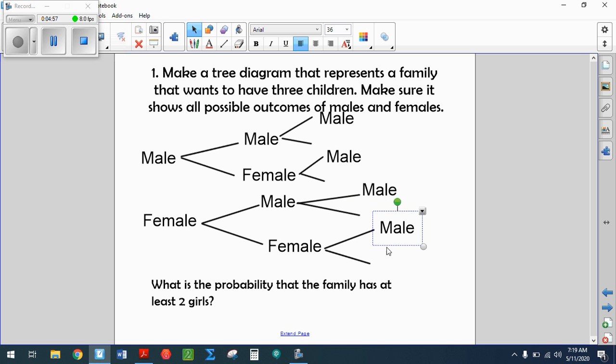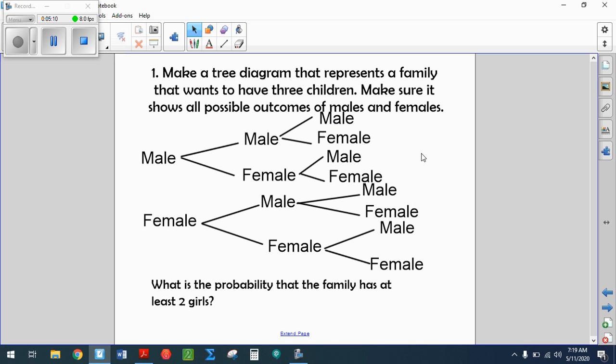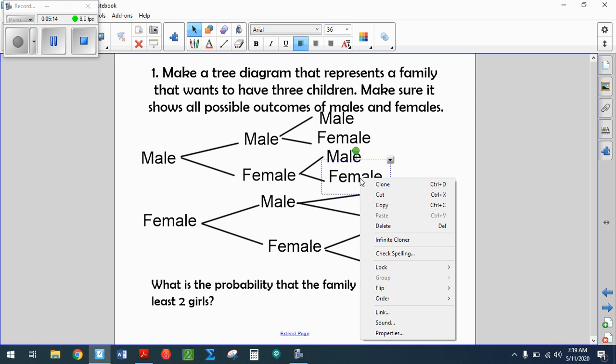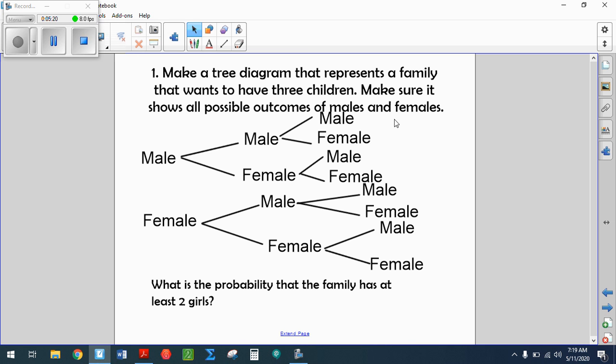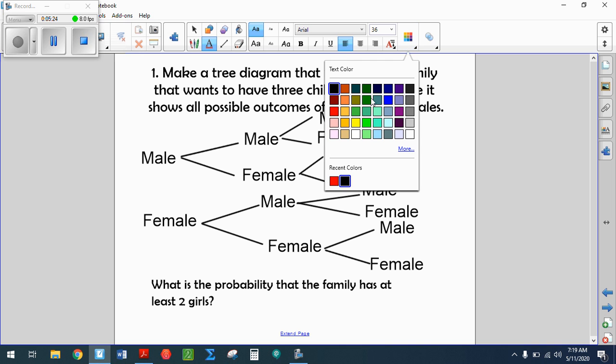So when you make a tree diagram, you're just writing out all the parts. There are 1, 2, 3, 4, 5, 6, 7, 8. There's 8 options. To summarize those options, go in a different color here.